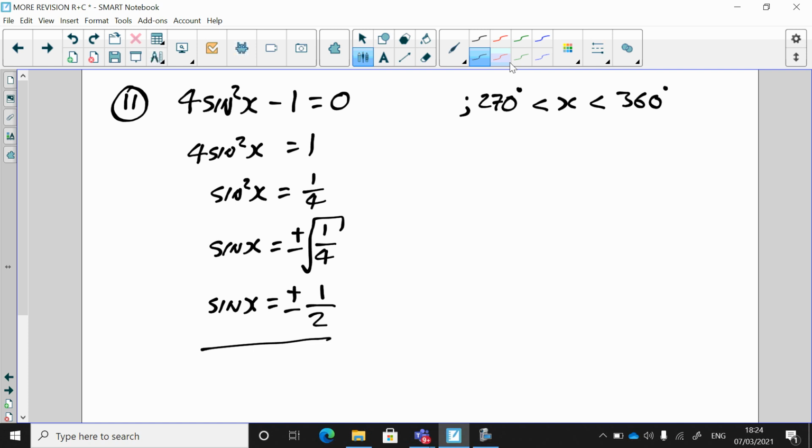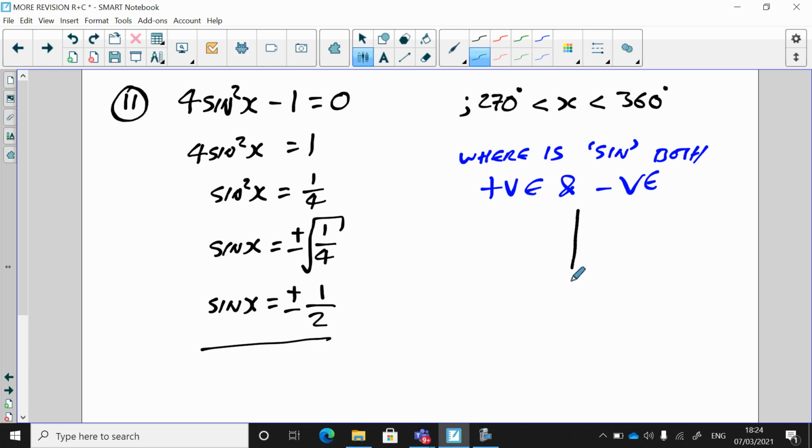That's okay. And well, in terms of the quadrant, they're asking where is sine both positive and negative? In terms of quadrant, both positive and negative, all sine, tan, cos.